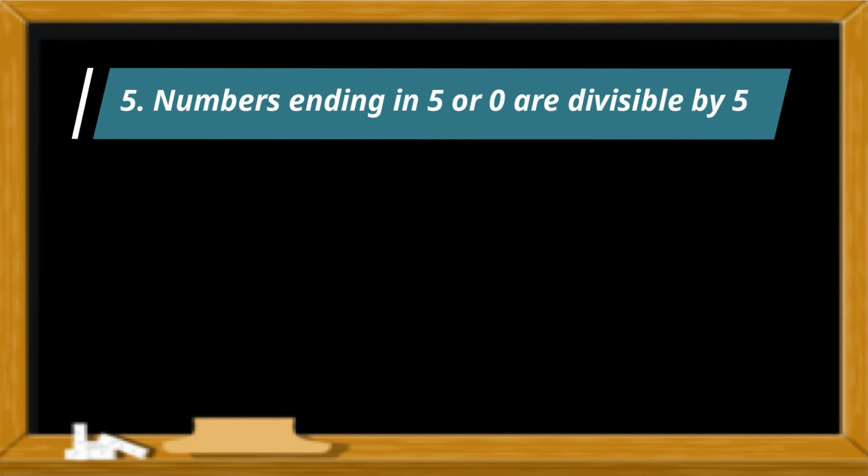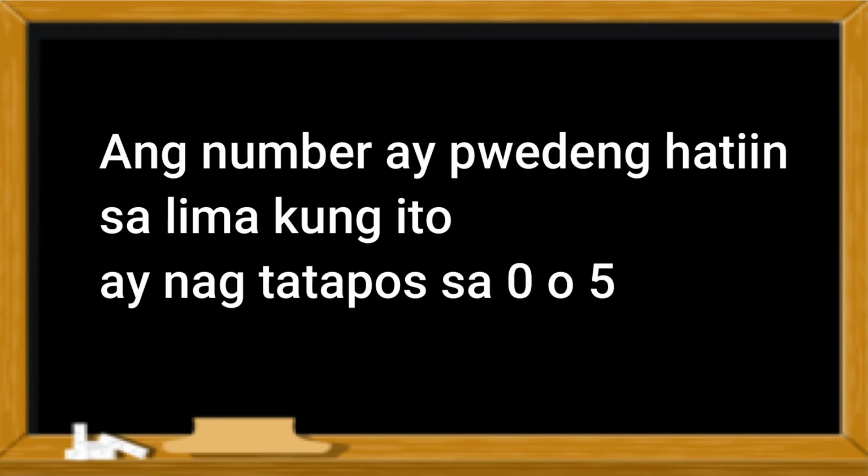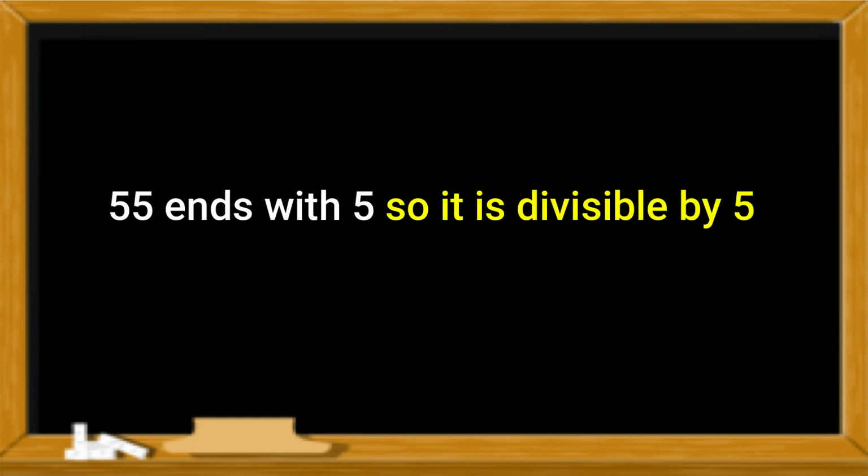Tip number 5, numbers ending in 5 or 0 are divisible by 5. Sa Tagalog, ang ibig sabihin, ang number ay pwedeng hatiin sa 5 kung ito ay nagtatapos sa 0 o 5. Halimbawa, 55 ends with 5, so it is divisible by 5.